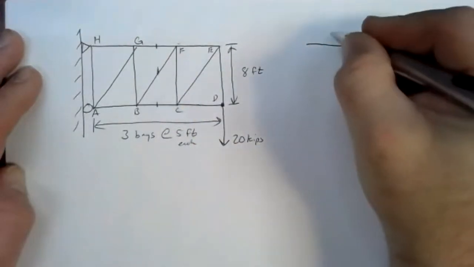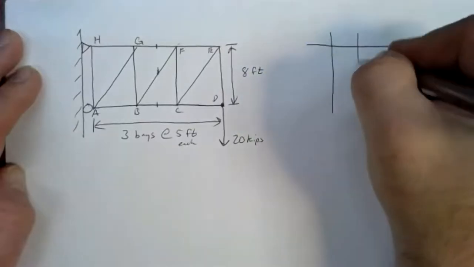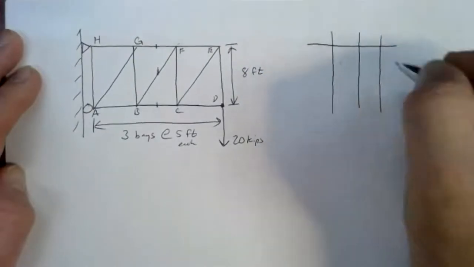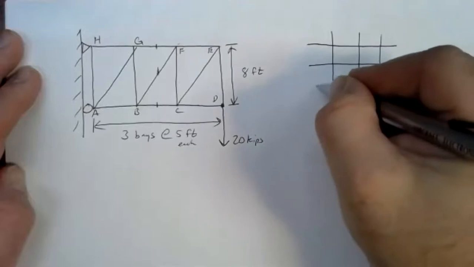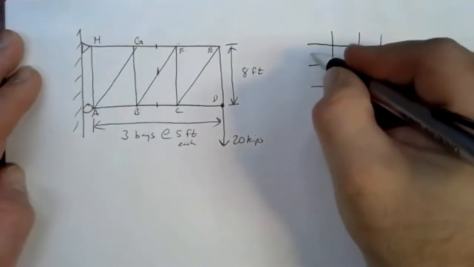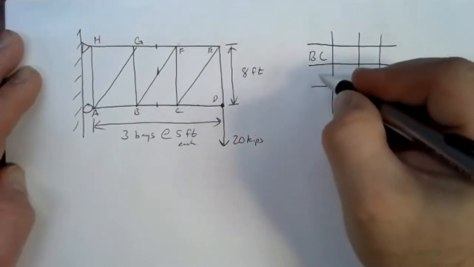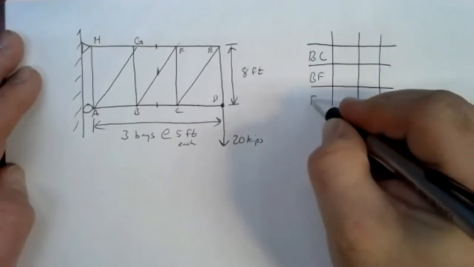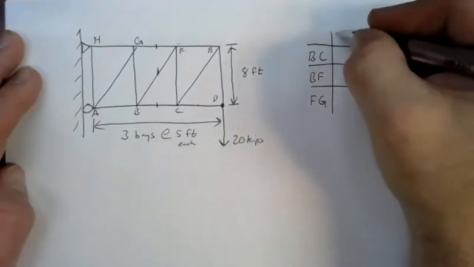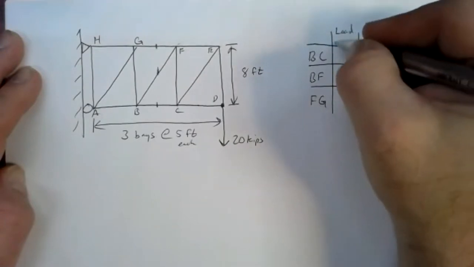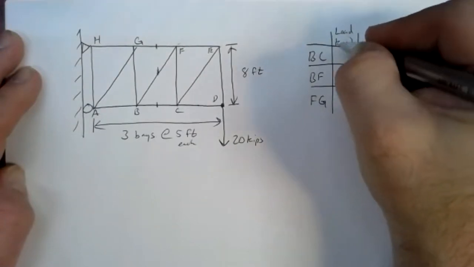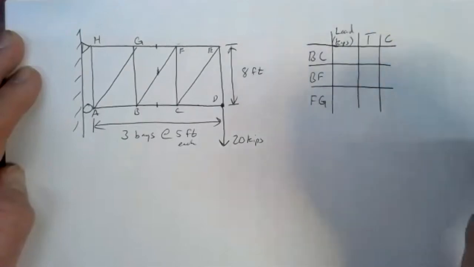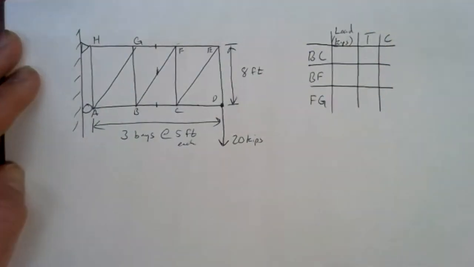So that's what we'll fill out in our table. Members BC, BF, and FG. We'll have our load in kips, whether we're in tension or compression.